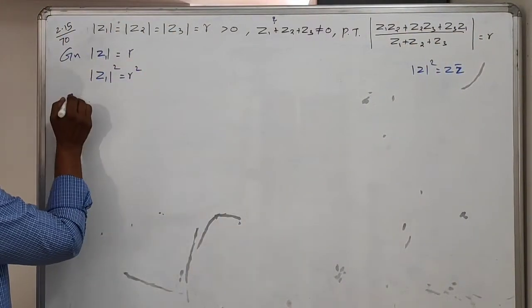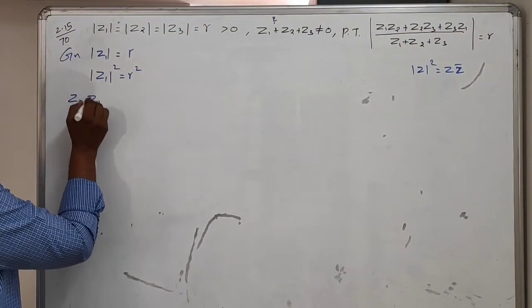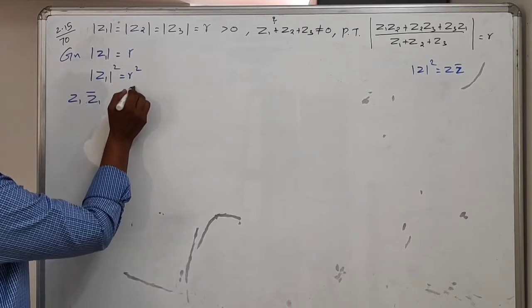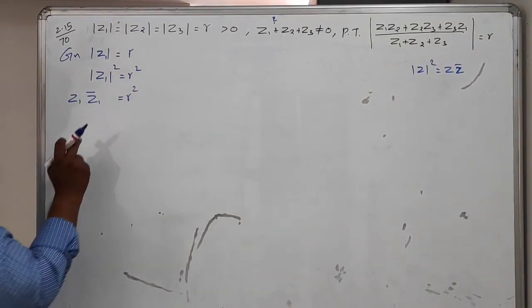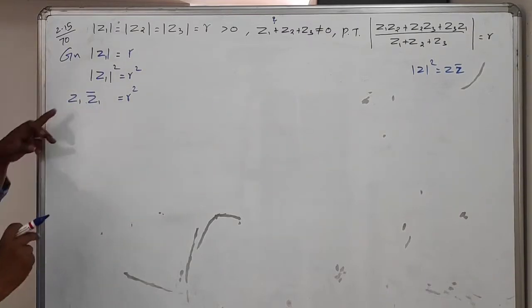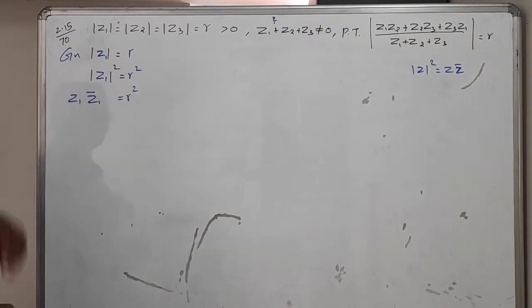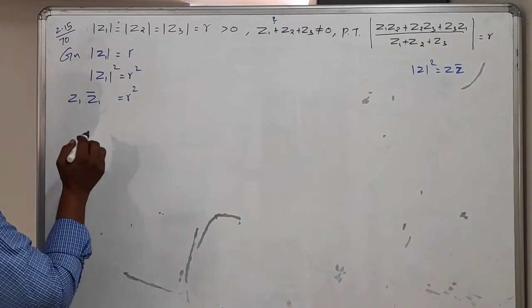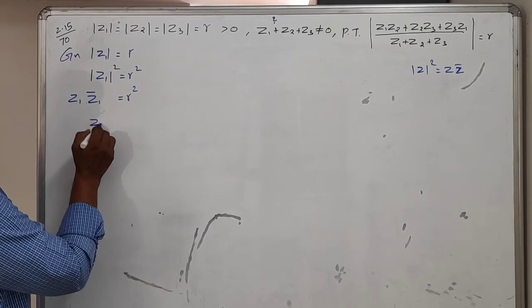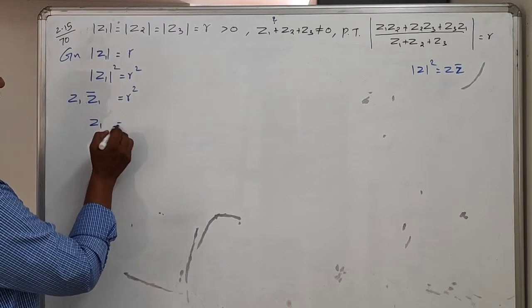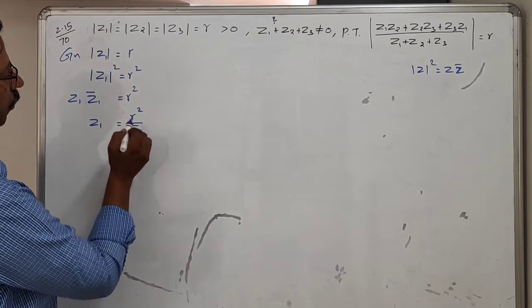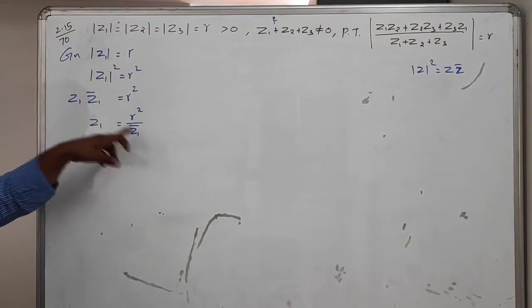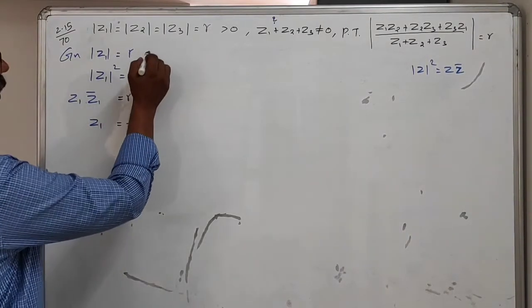Therefore you can write Z1 into Z1 bar, which is equal to R square. After that, from this we need to find either Z1 or Z1 bar. We can find Z1 is R square by Z1 bar.